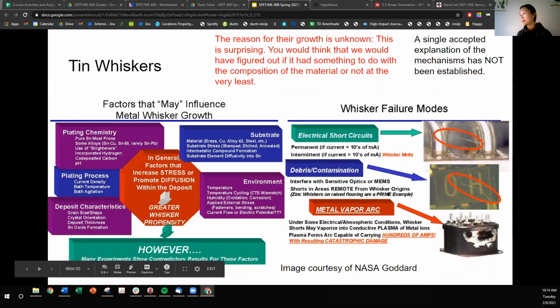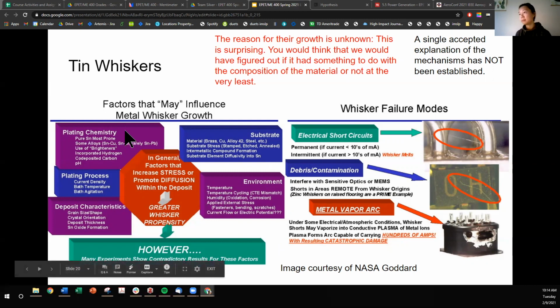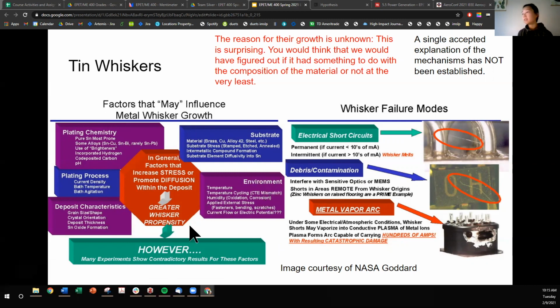So a little bit more about tin whiskers. Yes, there was a question that we don't really know the exact reason for their growth, because there are many different factors and we can't really say the exact cause. So we can say there's plating chemistry, plating process, deposit characteristics, substrate, environment that affects the creation of these tin whiskers.